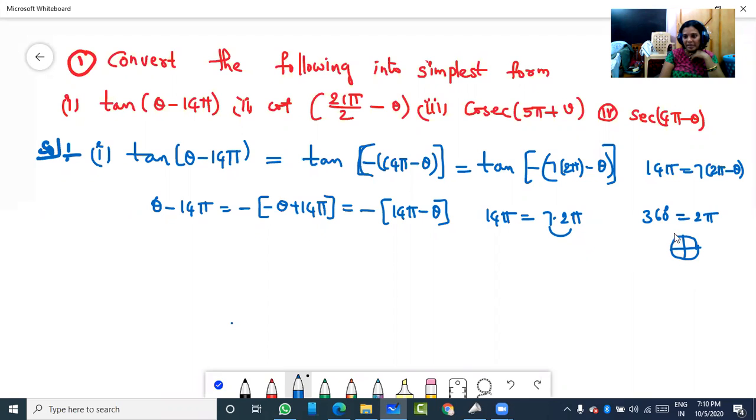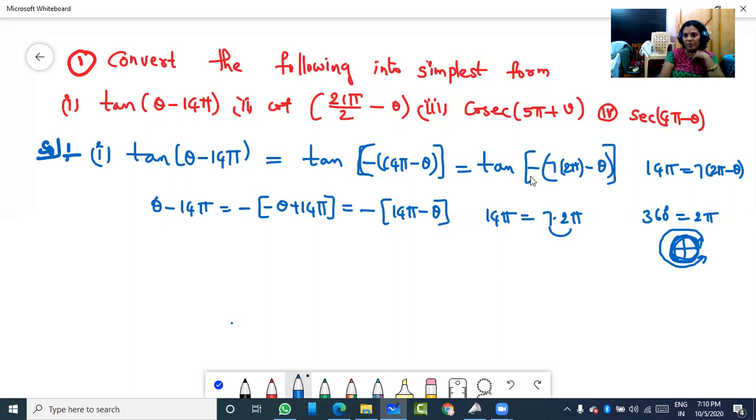That is nothing but 6 into 2 pi plus one more 2 pi minus theta. 6 rotations are completed, so it is again in the first quadrant. In the 7th rotation, after 6 are completed, it goes to the 4th quadrant. We know that in the 4th quadrant, tan is negative.